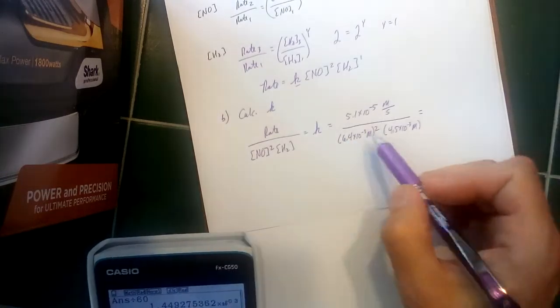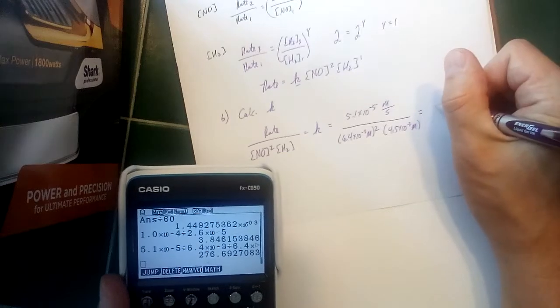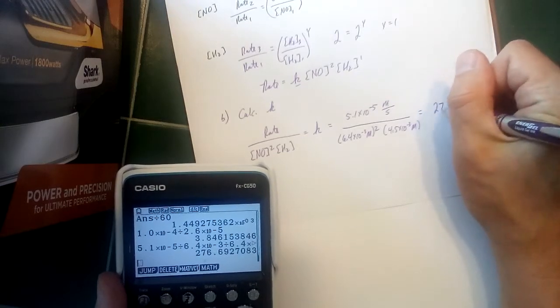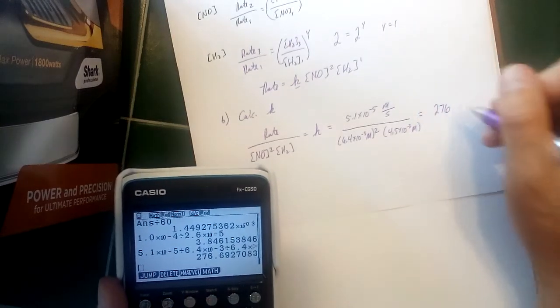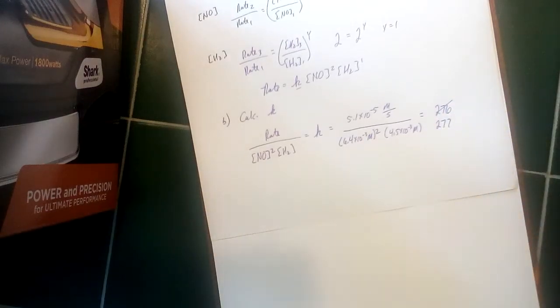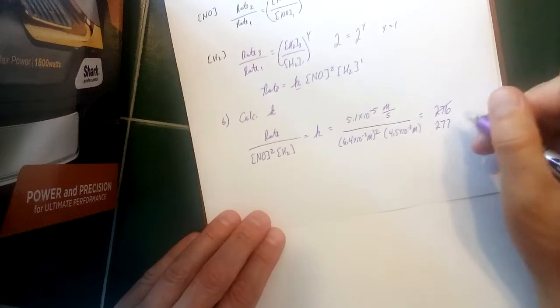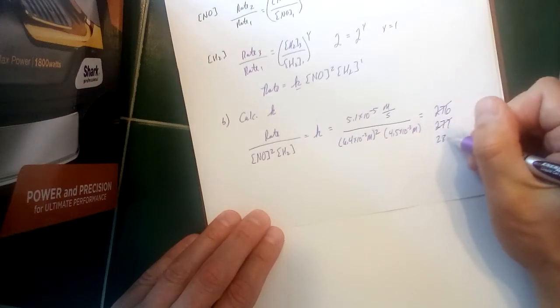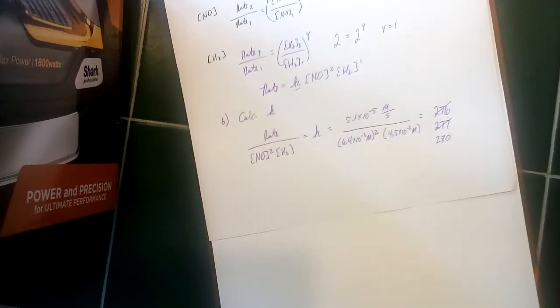And don't forget that this is squared, so I divided by it twice here. There's other ways you could punch it into your calculator that are maybe a little more efficient. Round that, it'd be 277. Now, actually, it's all two significant figures, so we round that even further to 280.